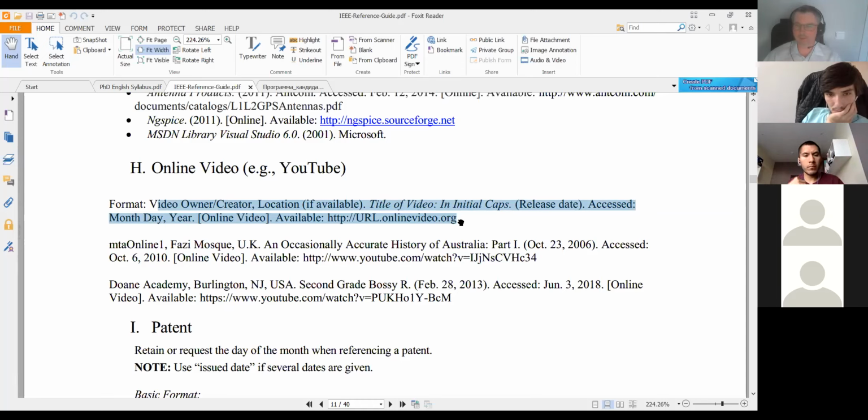So the reason why we talk about IEEE is for you to understand the idea behind the referencing, so that you will be able to verify the software-generated referencing. There is that LaTeX thing.